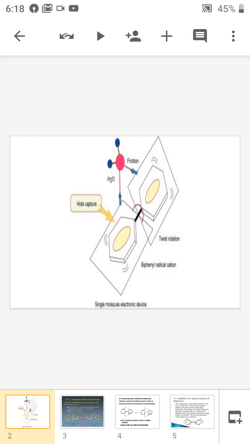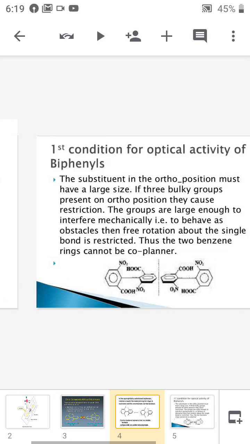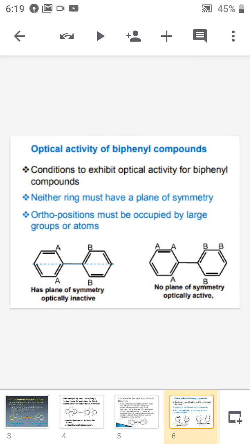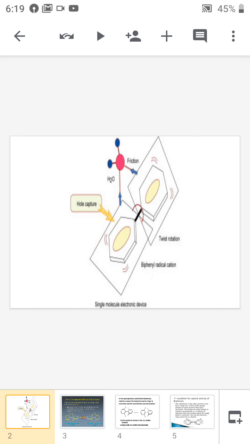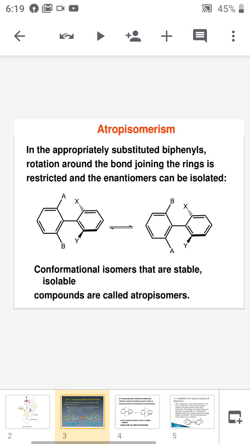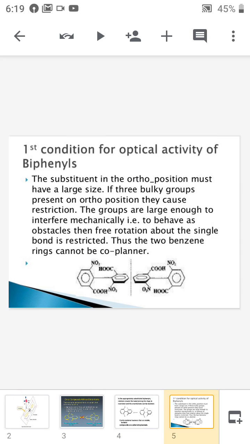In the substituted compound I have shown here, if we take one plane as shown in the figure, and if the ortho positions are substituted by different groups, we will not get any plane of symmetry. That's why it is optically active. So one condition for optical activity is that the ortho positions of both phenyl rings are substituted with different groups.